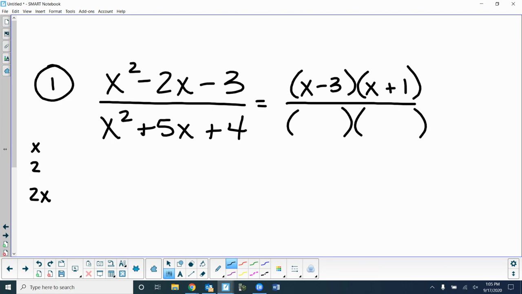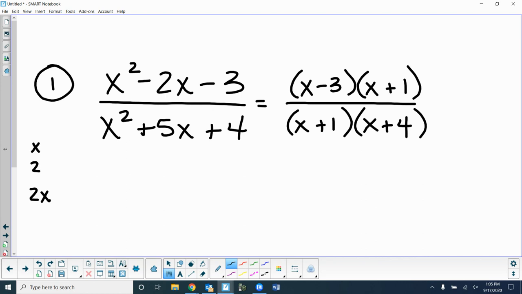All right, again, A is 1, so it's just x times x to get x squared. Now I'm looking for factors of 4 that add up to 5. Well, I got 2 times 2 or 1 times 4? What's it going to be? 1 times 4, right? 1 times 4 is 4, 1 plus 4 is 5. Remember, when the third term is positive like this one, both binomials are going to have that sign between them. So they both have plus.